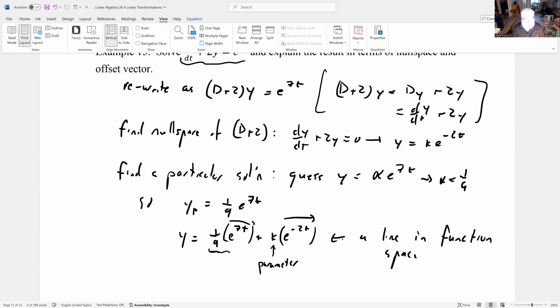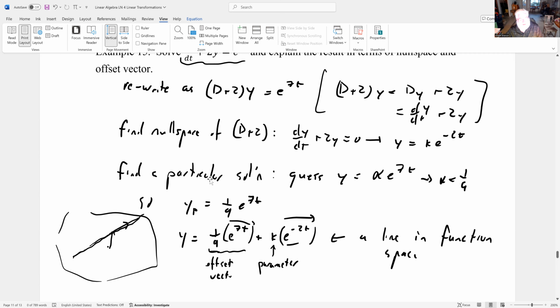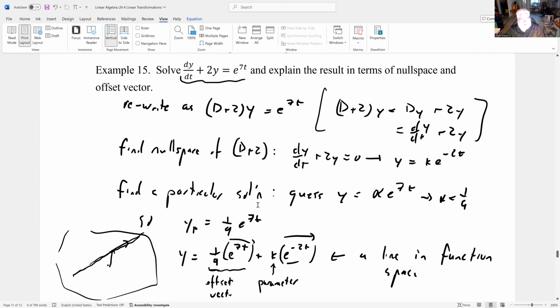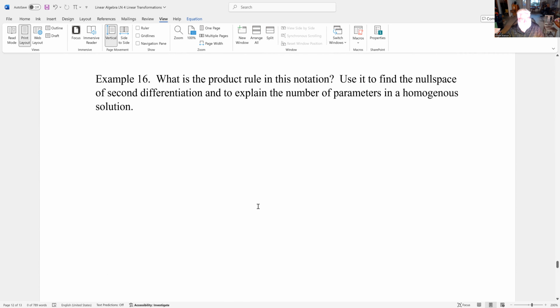And then we could think of this as being an offset vector. So out here in function space, what we have is a particular solution, and then our direction vector is this. And so here's the line of solutions in function space. And that allows us to think about solutions to this sort of equation.